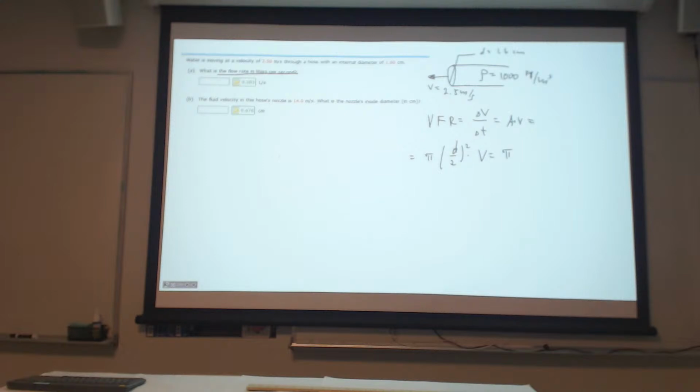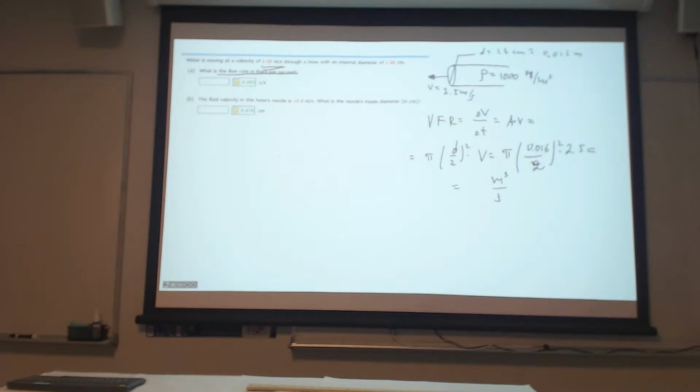You cannot use the diameter in centimeters, so it's 0.016 over 2. That's the radius squared times 2.5 meters per second. That is already a good unit, but the diameter needs to be converted, divided by 100 to meters. This will be the volume flow rate in meters cubed per second.